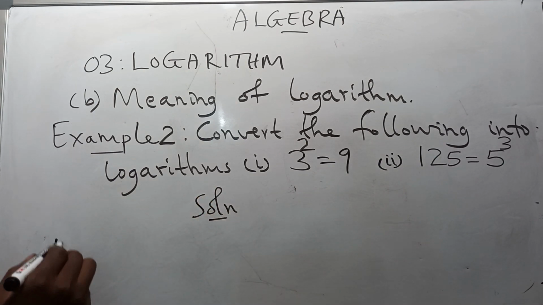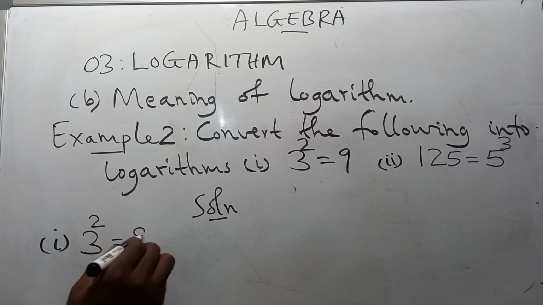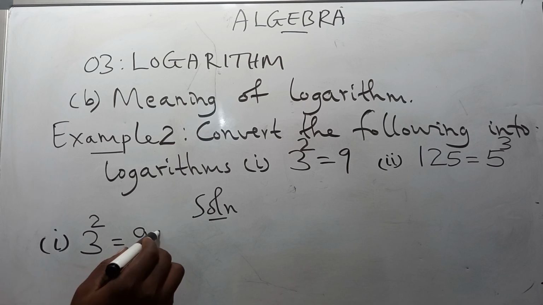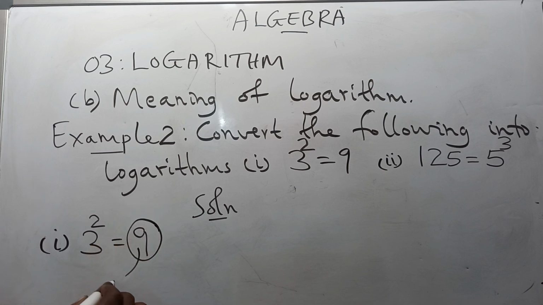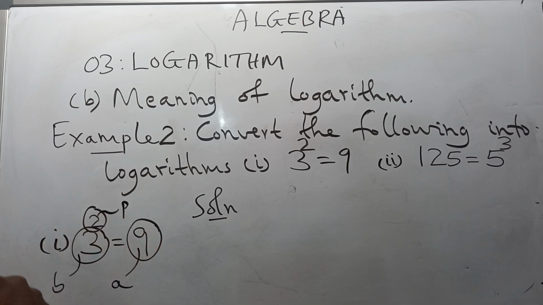Solution. Roman 1. 3 raised to the power of 2 is equal to 9. Here, 9 is given number, 3 is base, and 2 is power.